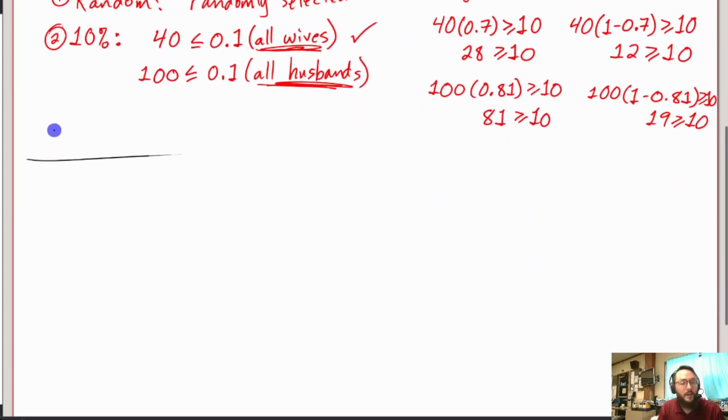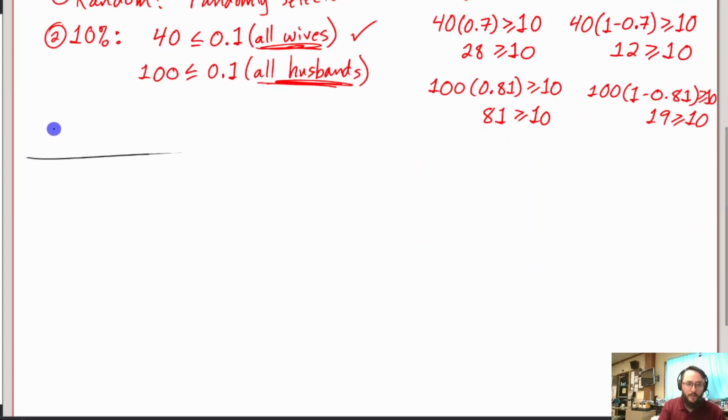Now we can do our calculations. Of course, we could do the long calculation.